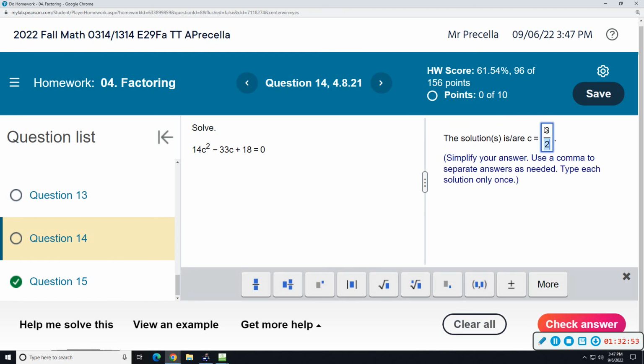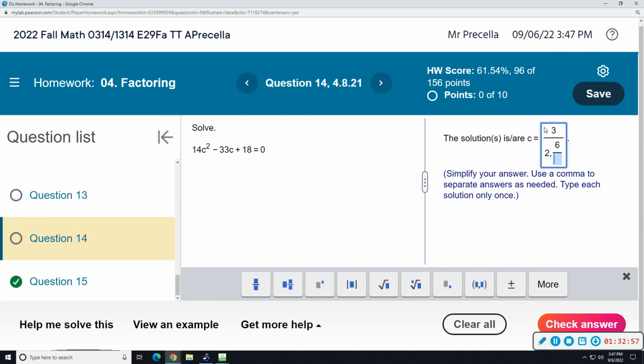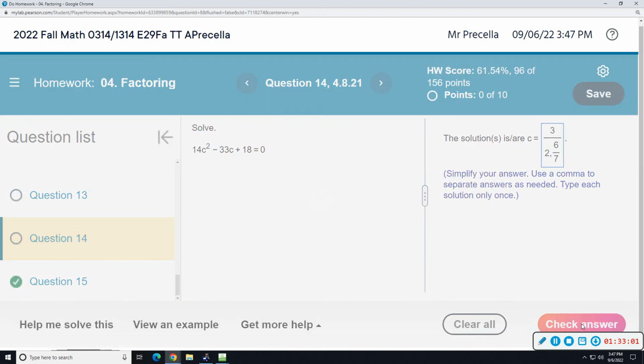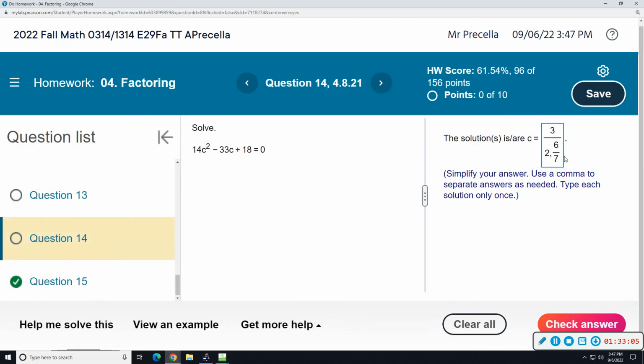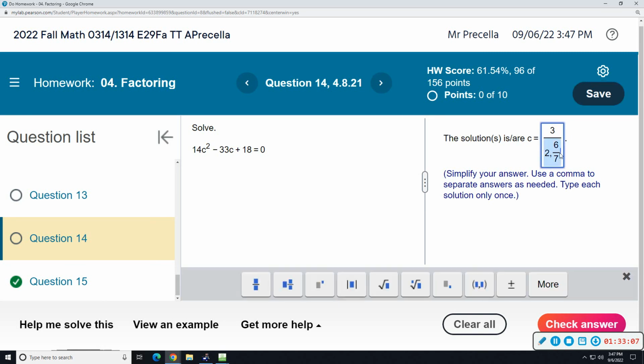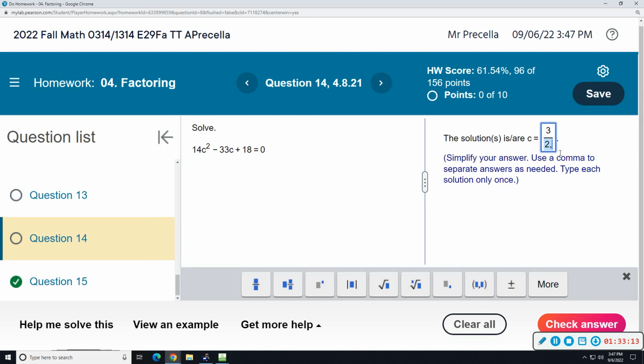3 over 2. Put the comma down there and see if it's still accepting it. Well, it simply won't take that. Sometimes I get students sending me emails showing me their answer and it counted it wrong, and I'd be like, yes, it's counting it wrong. Let's see if it's still accepting it with the comma in the denominator.